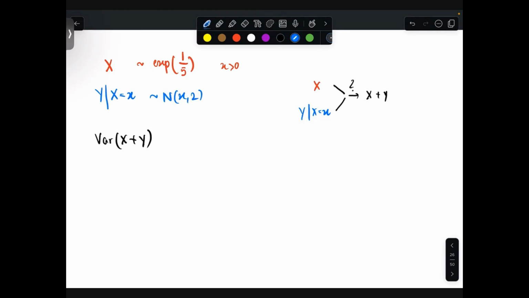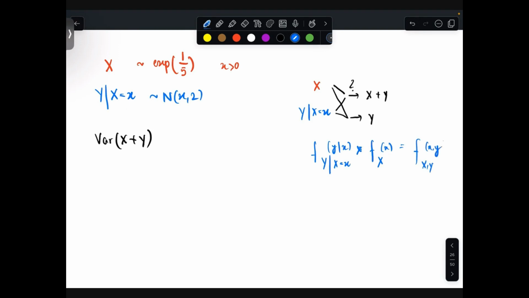From X and from Y given X, you can easily find Y. How? Because you know that the PDF of Y given X, multiplied by f of X, is nothing but f of X comma Y, the joint density of x comma y.